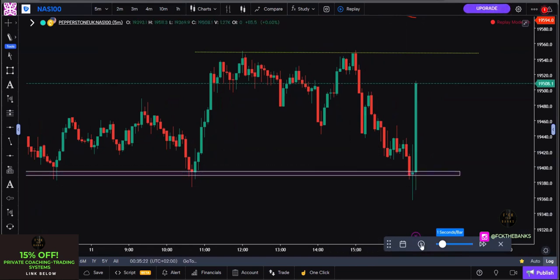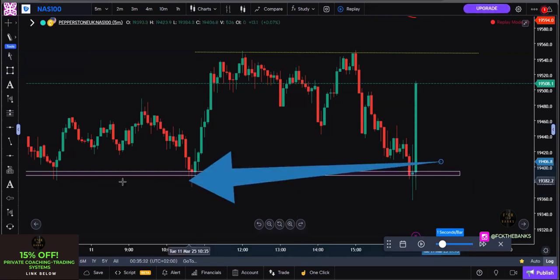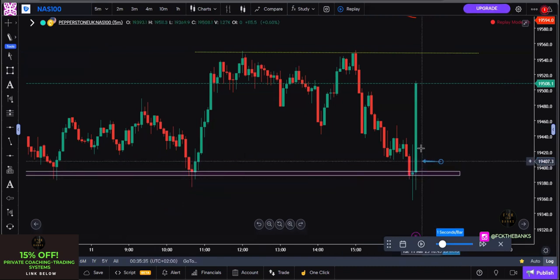This candle right here was driven because price took liquidity from these lows right here, as you can see, and immediately is pushing price with a lot of speed.